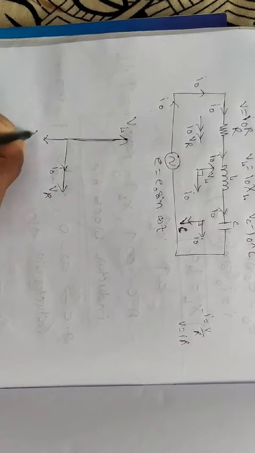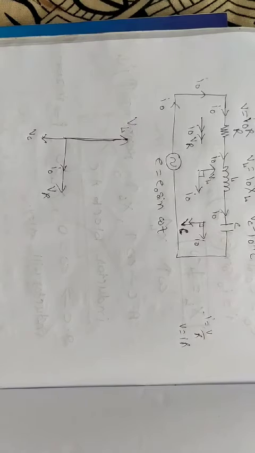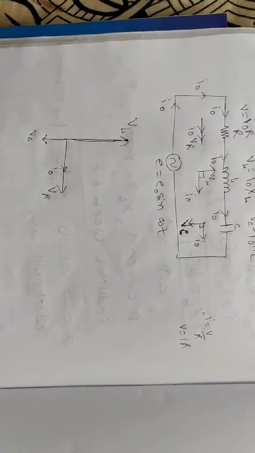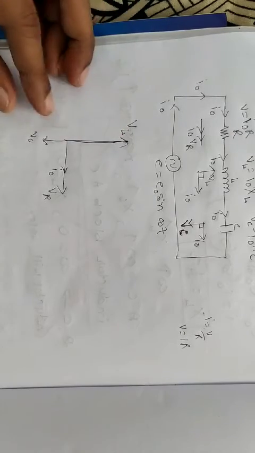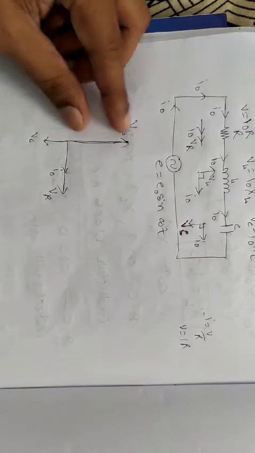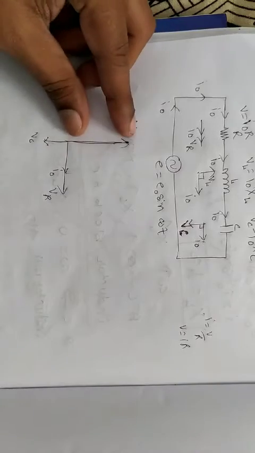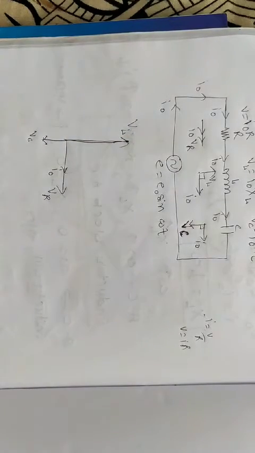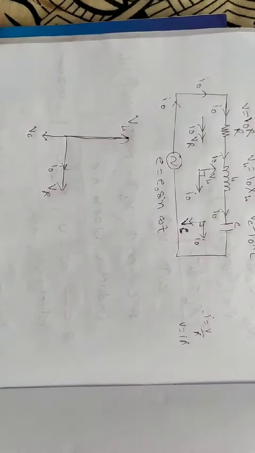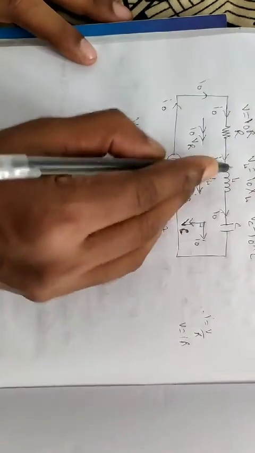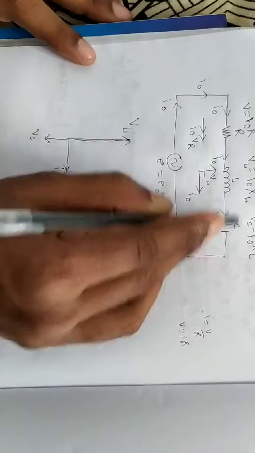Now understand this thing. It's not correct that VC will always be smaller than VL. Sometimes VC can be greater than VL, and sometimes VC will be equal to VL. So on which factor are VC and VL depending? VC and VL depend on XL and XC.